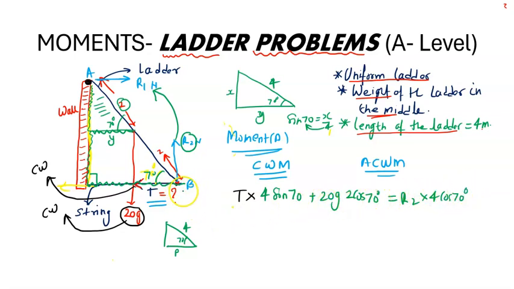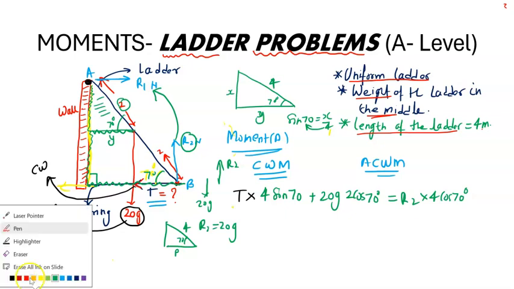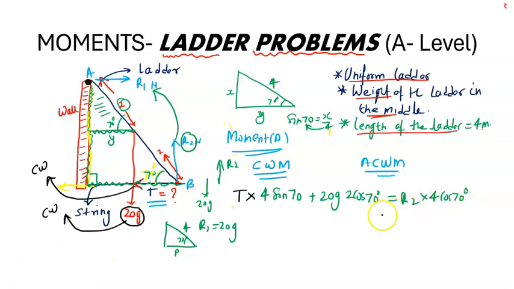Now, what should be R2? R2 is an upward force and 20G is acting down, so R2 equals 20G. So we can write R2 as 20G. So this should be 20G times 4 cos 70 on one side, and here it should be 4T sin 70 plus 20G times 2 cos 70.